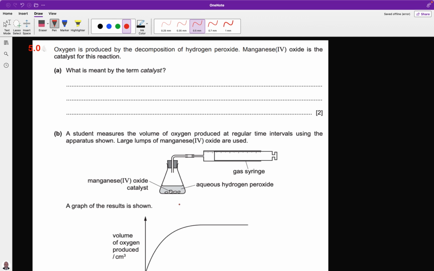A catalyst is a substance that speeds up the rate of a chemical reaction but remains unchanged at the end of the reaction.